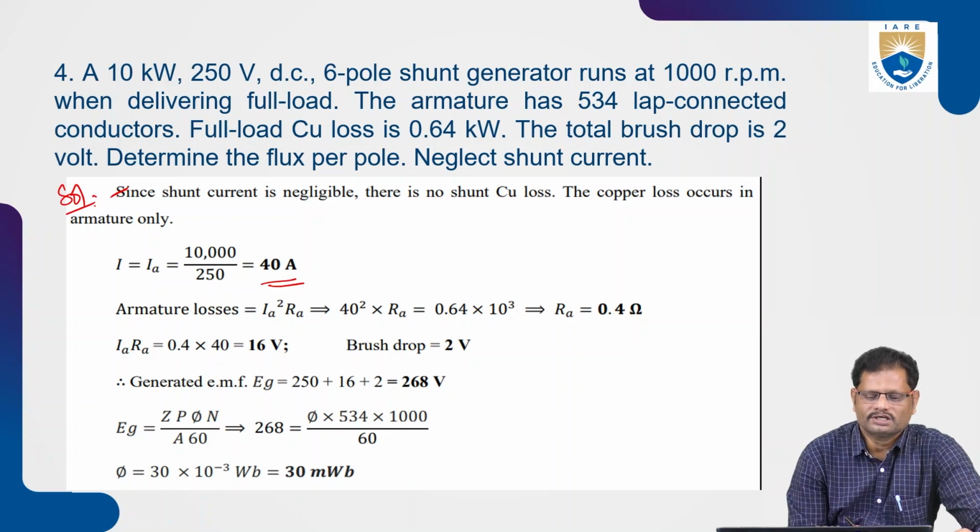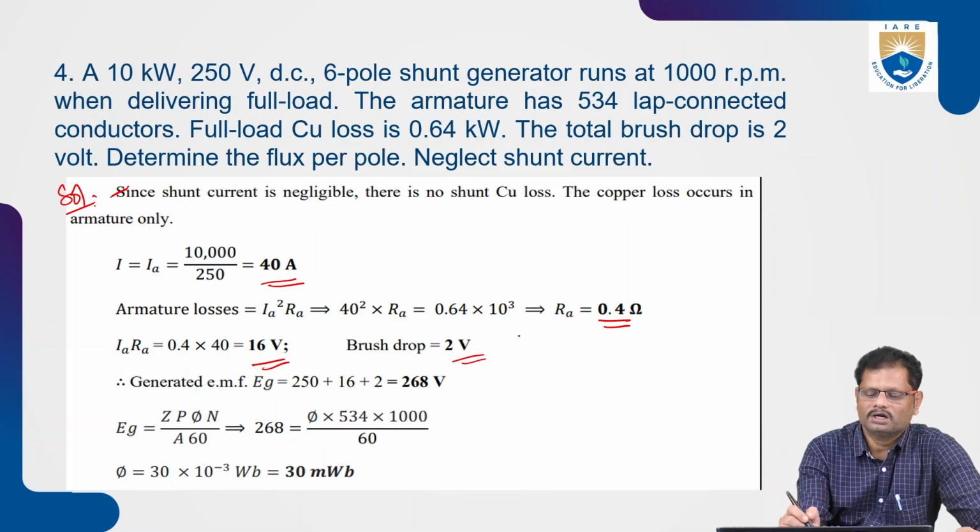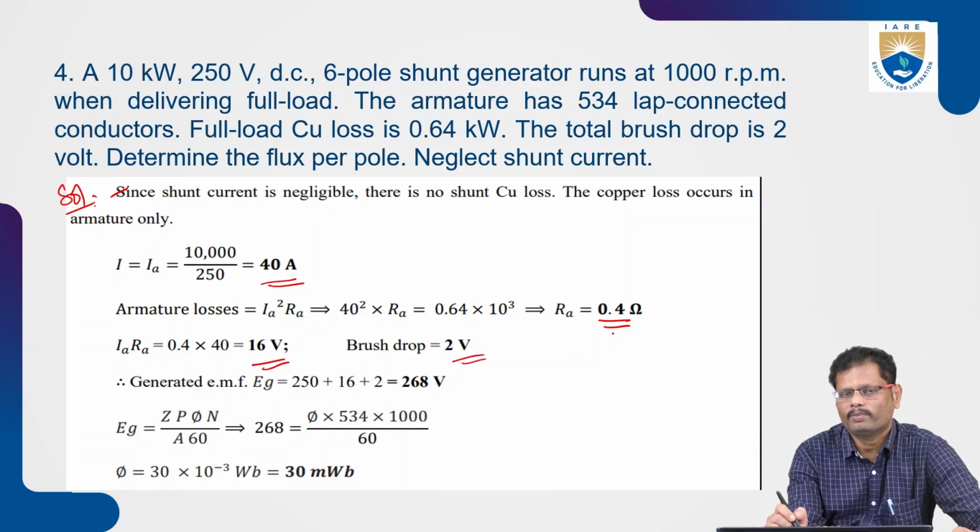The armature loss I square RA, we can use to calculate the RA value as 0.4 ohms, and IA RA equals 16 volts. And the brush contact voltage drop per brush is given as 1 volt, so the total brush voltage drop is 2 volts.